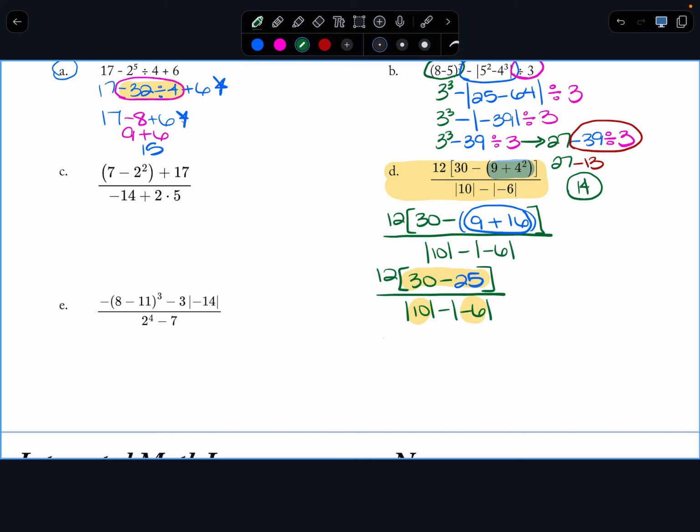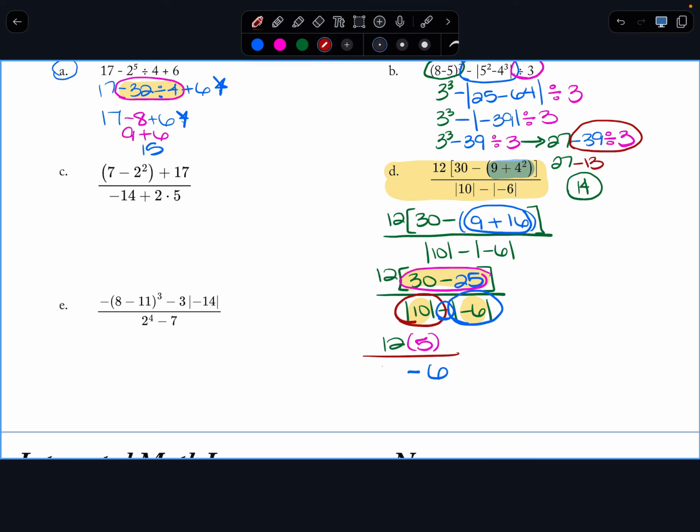Okay? So I have 12. We'll do the inside of my parentheses here, which is 5. My absolute value of 10 is a positive 10, minus absolute value of negative 6 is a positive 6. I guess I don't need the parentheses here.